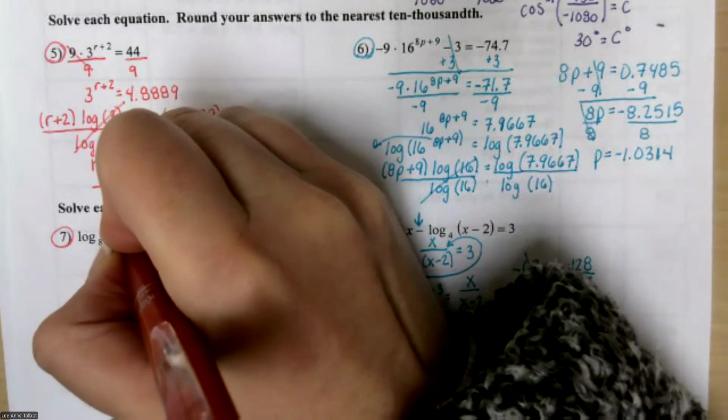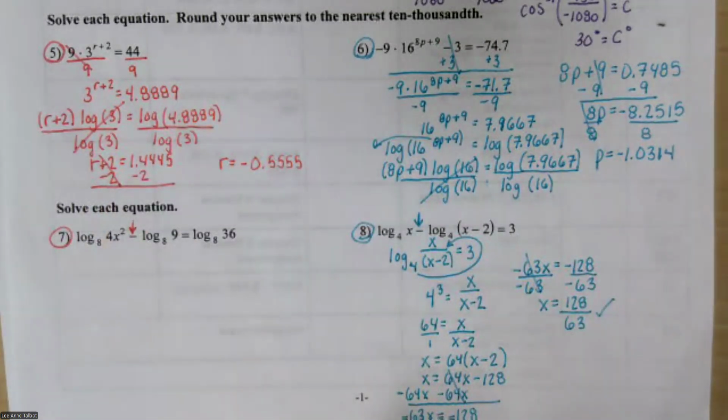Number 7, 2 steps on these. First step is to decide if it's multiplication or division. This one is division.